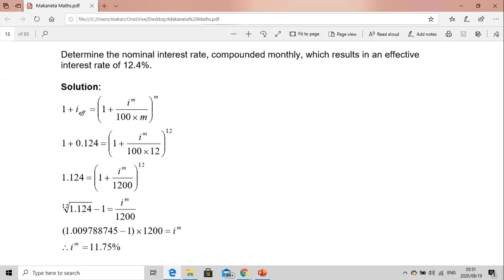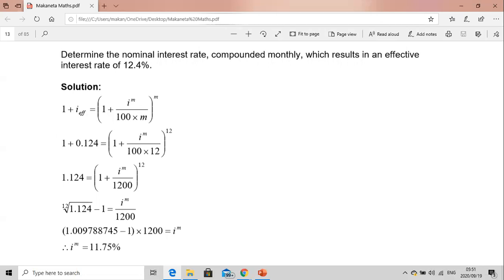You can use the equation once again and make I to the power m the subject of the formula. And of course, at this point, you can see that the most logical thing to do, you simply add 1 and 0.124 in the left-hand side.